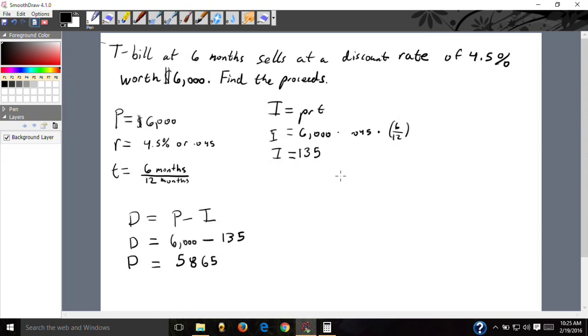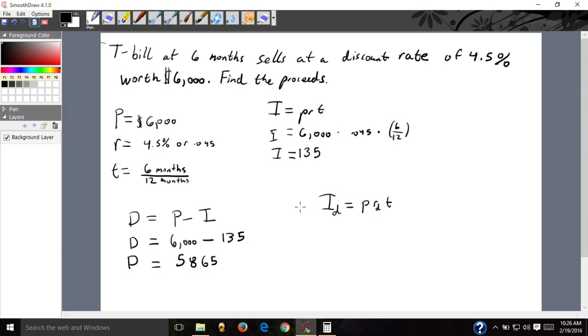Okay? So, the general equations that I like to use, and you don't have to, but I like to organize things in a way that I can understand them, is I like to write out my interest of the discount is equal to the principal times the rate of discount times the time period. That way, these are essentially the same equations, but the way that I'm setting it up is that I'm writing it so that I know I'm working with a discount.